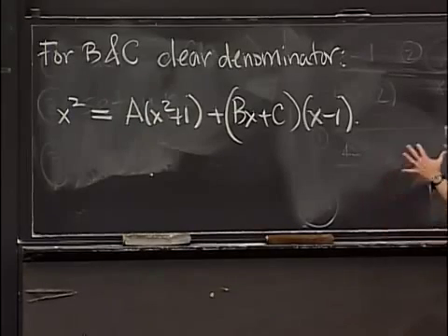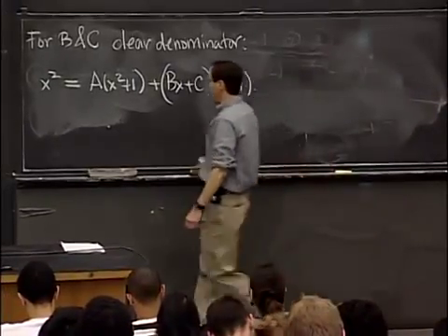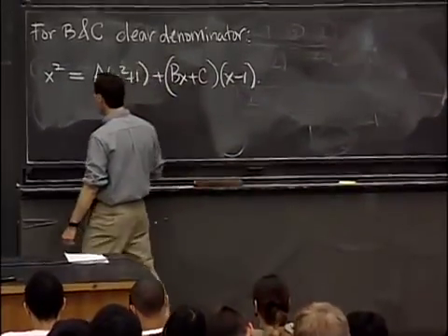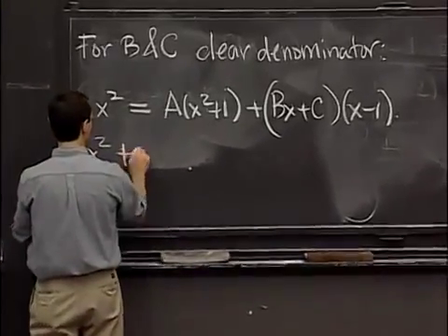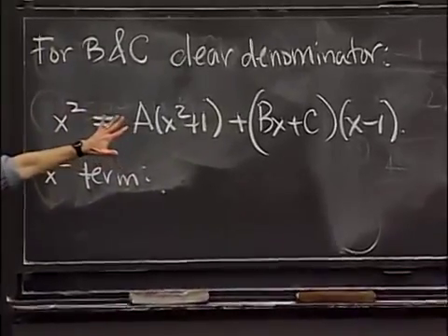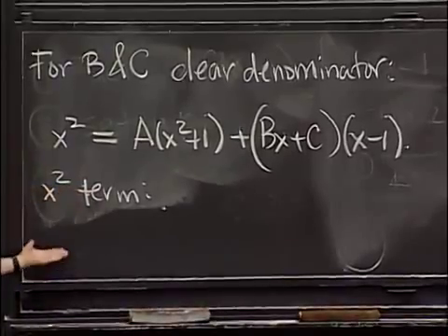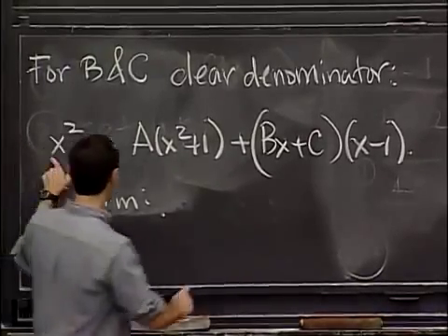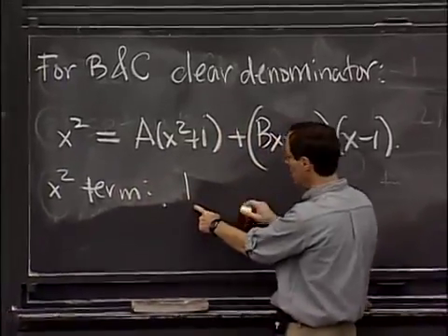Again, the arithmetic here is not too terrible. Now, I'm going to do the following. I'm going to look at the x squared term on the left-hand side and the right-hand side. And that will give me one equation for B and C, and then I'm going to do the same thing with another term. The x squared term on the left-hand side, the coefficient is 1. It's 1 times x squared.